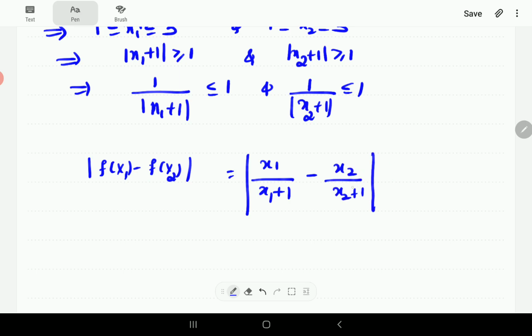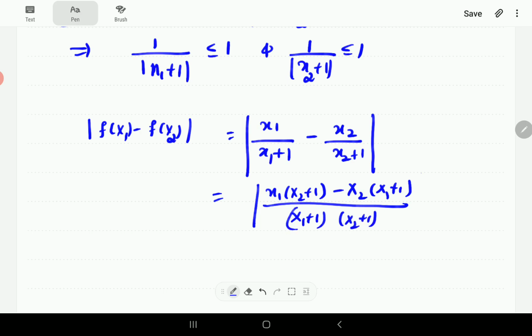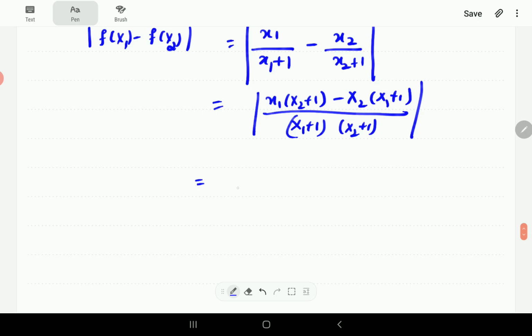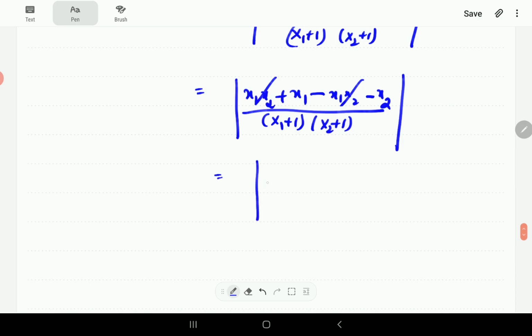So this is equal to, taking the LCM, x1 into x2 plus 1 minus x2 into x1 plus 1 upon x1 plus 1 into x2 plus 1. Multiplying out, this is x1 x2 plus x1 minus x1 x2 minus x2 upon x1 plus 1 x2 plus 1. So plus and minus x1 x2 cancel. This is equal to modulus of x1 minus x2 upon x1 plus 1 x2 plus 1.